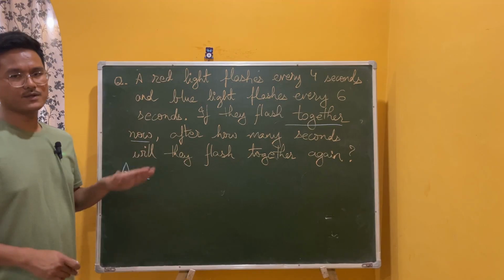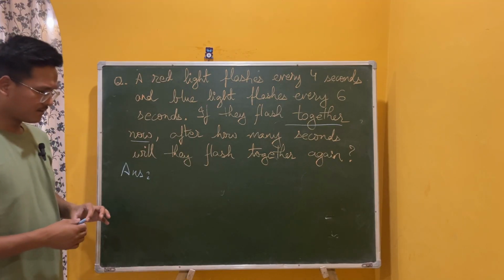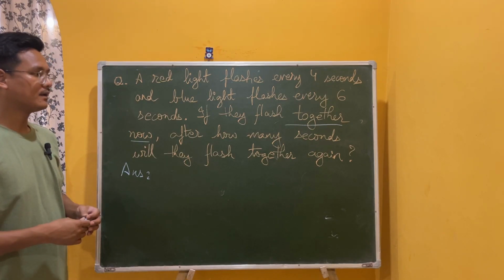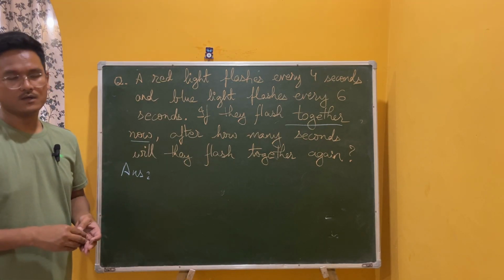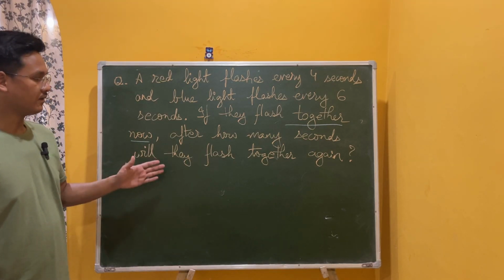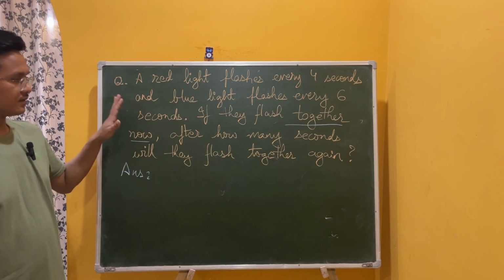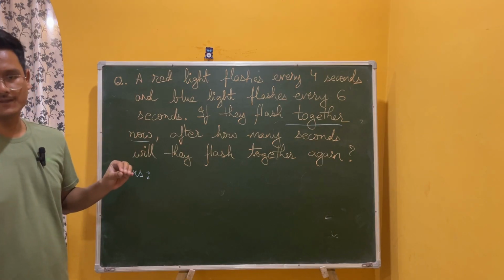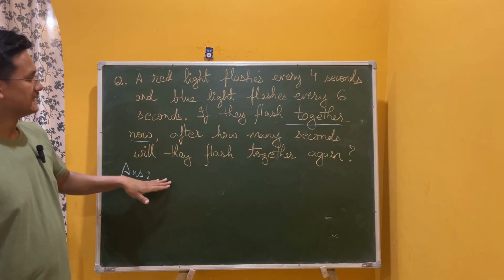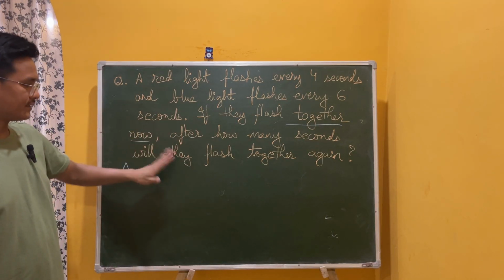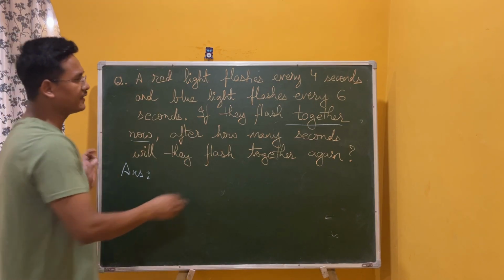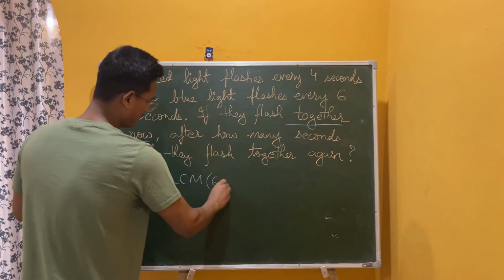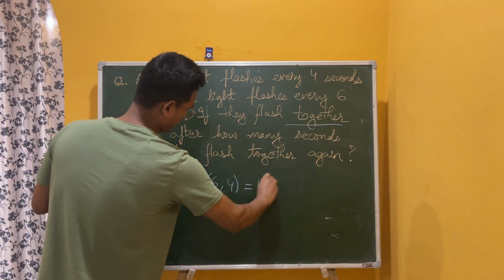If you understand the question, this is a cycle repeating and it is happening together. If you recall the points to remember from LCM, this is an LCM word problem. So you'll have to find the LCM of 6 and 4. So the LCM of 6 and 4 is 12.